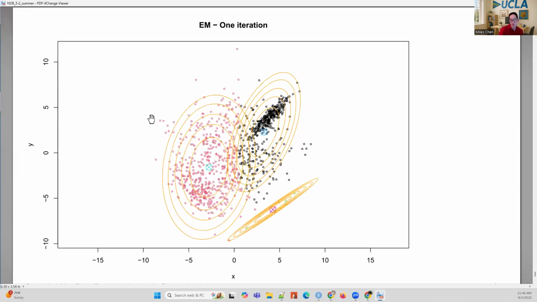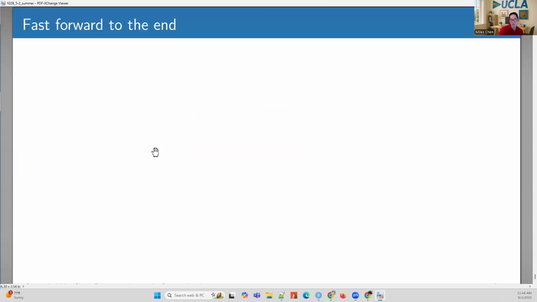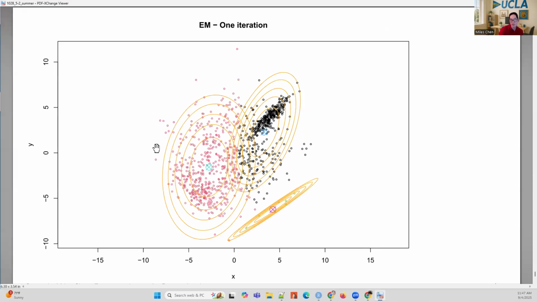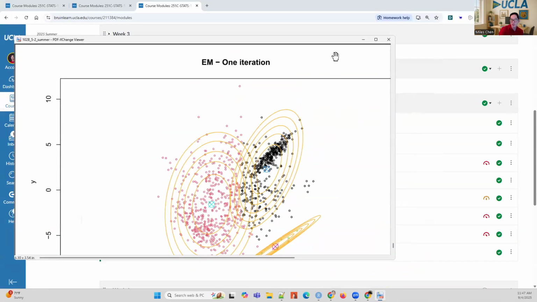Just running through a bunch of slides. Oh, it says fast forward to the end and then it runs out. Sometimes, based on your starting location, it might struggle and it might not converge. So this one ran a long time and we didn't reach convergence there.